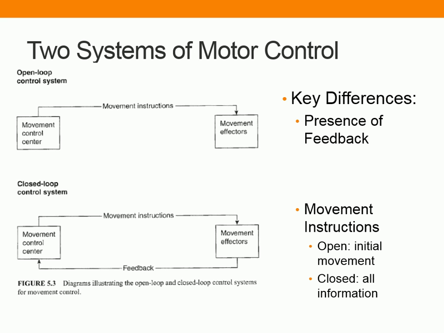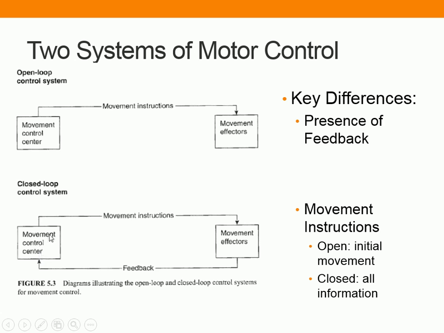So when we look at that closed loop pattern on the bottom of the screen here, I'm starting with a general idea of what I want to do within the movement control center. So coming from the central nervous system here, I'm giving instructions to the movement effectors, the muscles essentially that are going to carry out this movement. And then I'm gathering feedback coming back from multiple sensory sources that tell me how I might want to modify that movement.